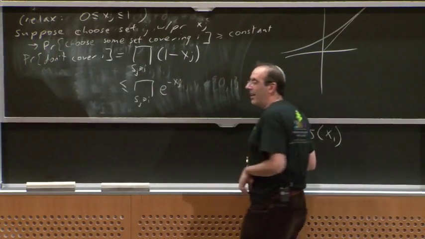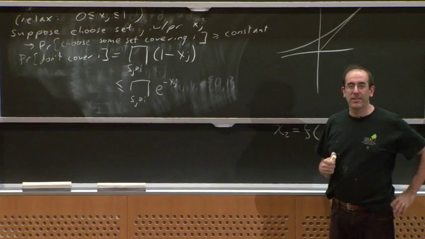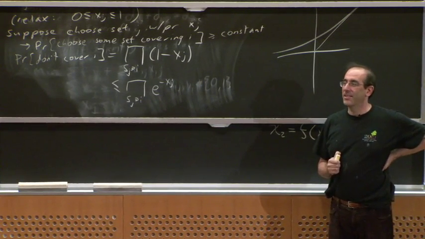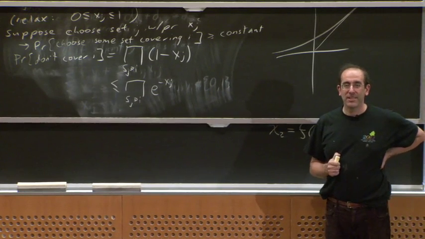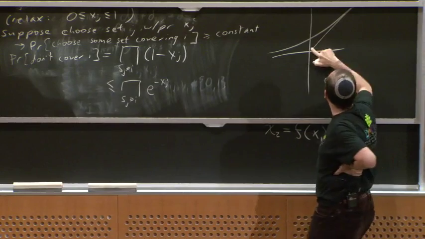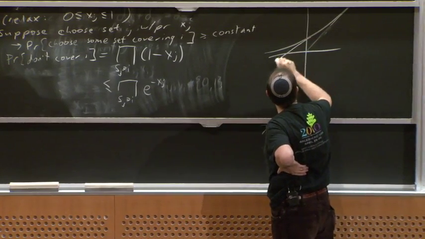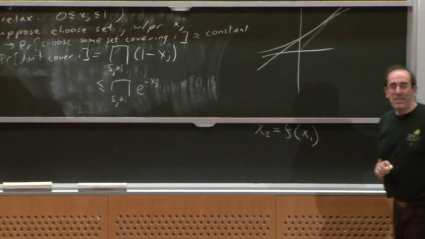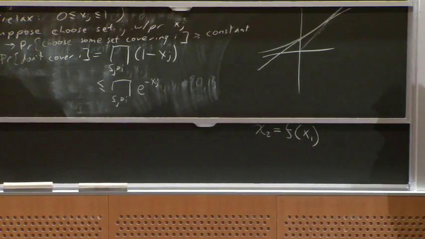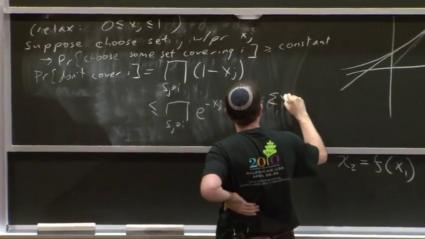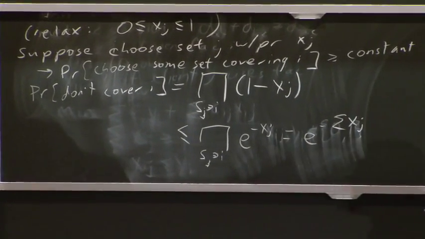So what's this product? Well, this is e to the minus the sum of the xj's. What can we say about that?